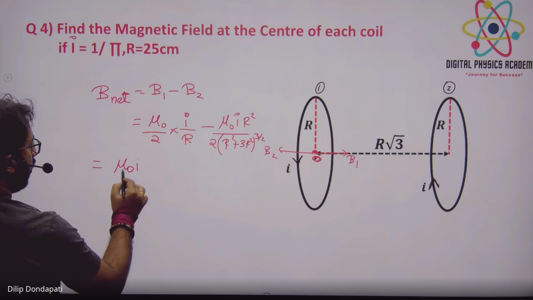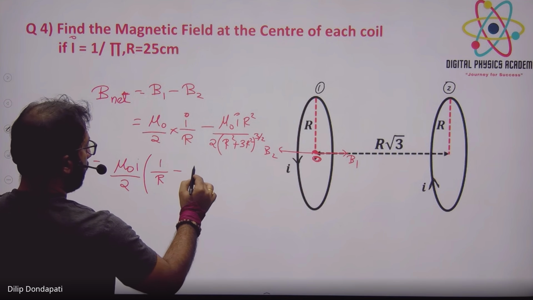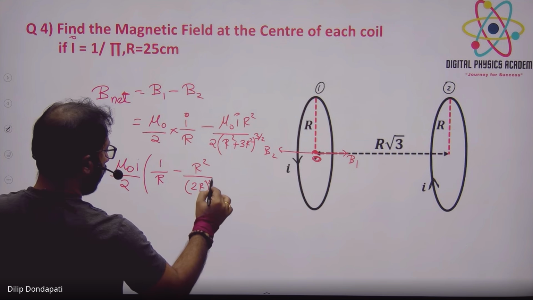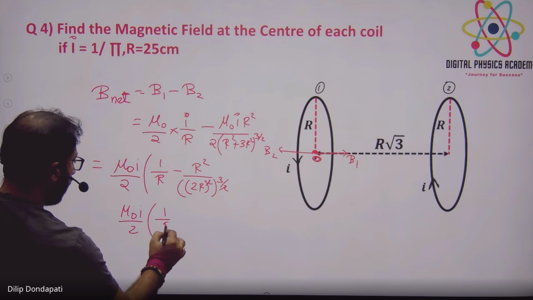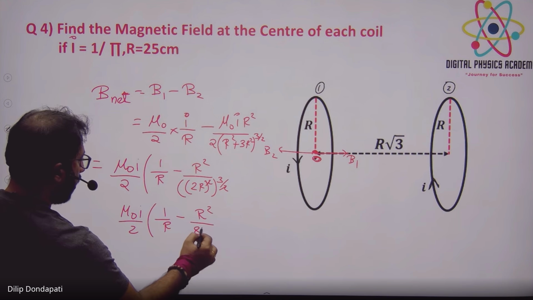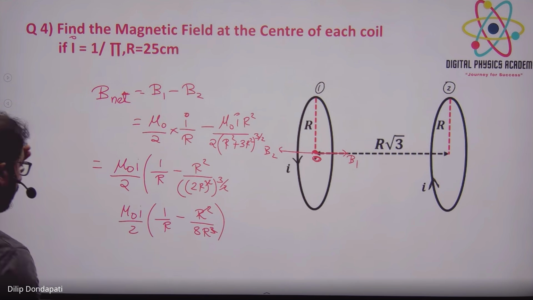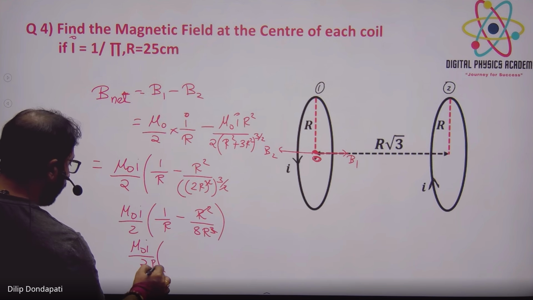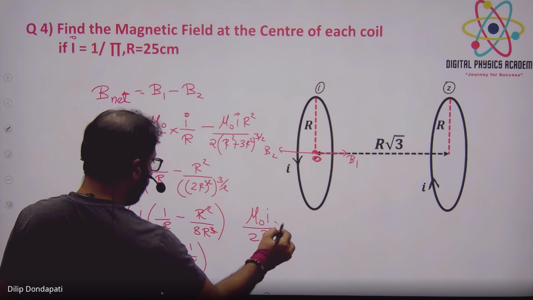So taking μ₀ I by 2 common, we get 1/r minus r² by 4r², meaning (2r) whole squared, whole power 3/2, so cancel, so μ₀ I by 2 into 1/r minus r² by 8r³. What remains? μ₀ I by 2 into 1/r, take 1/r outside too. What remains is 1 minus 1/8, so it is 7/8, so μ₀ I by 2r into 7/8.